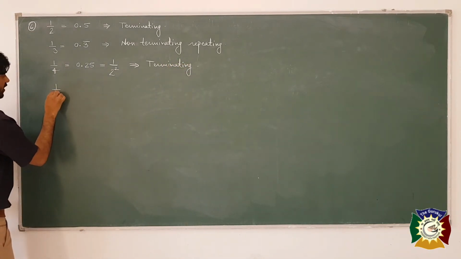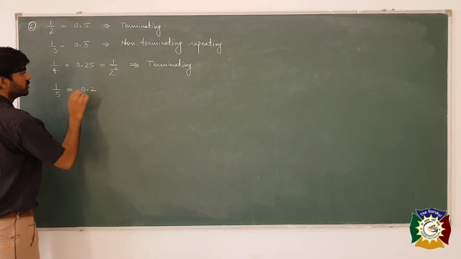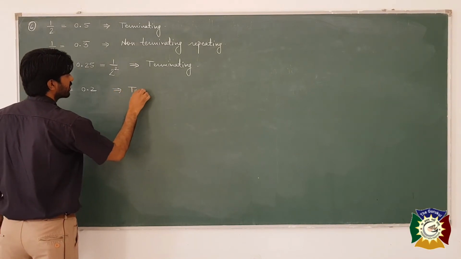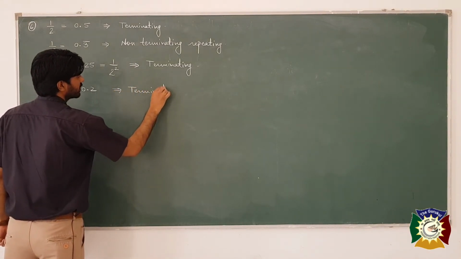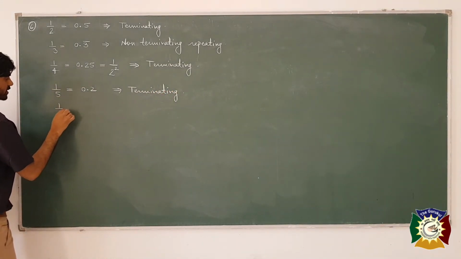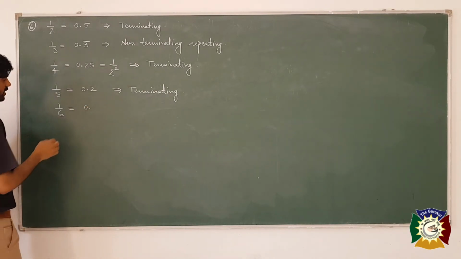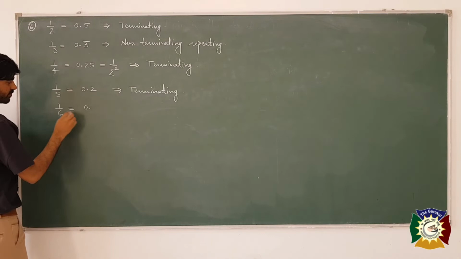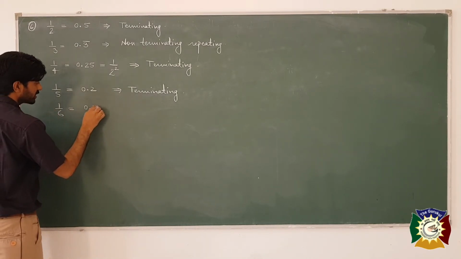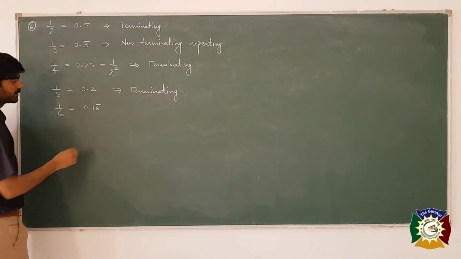1 divided by 5, it is equal to 0.2. It is also terminating. 1 divided by 6 is equal to 0. So it will become 10. 6 ones are 6. Then 40, 6 sixes are. Then again 40, 6 sixes are. So bar will be there on 6.